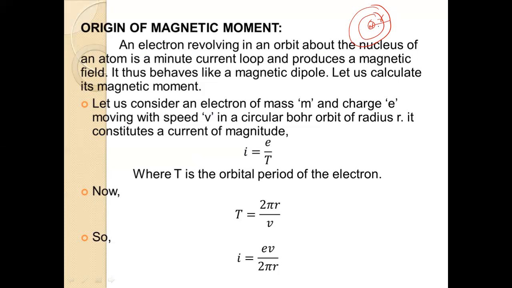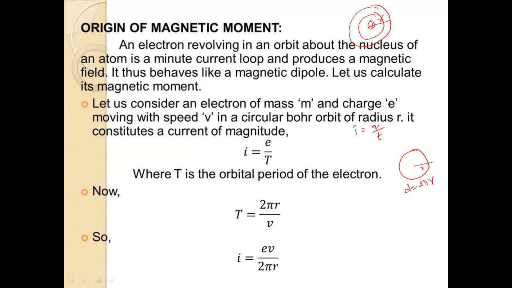To calculate the current produced in that atom, we know that current is defined as charge per unit time. Here we are going to talk about the electron. So I is equal to charge of the electron by the time period of the electron. The electron is revolving in an orbit with radius r, so the distance traveled by the electron is 2 pi r.